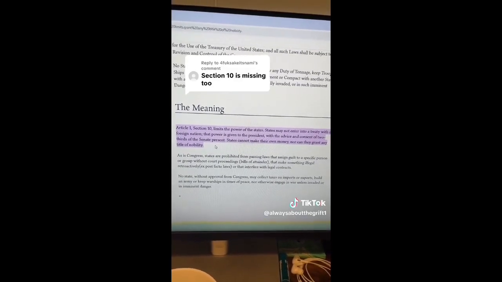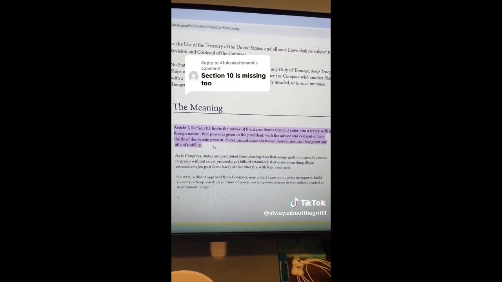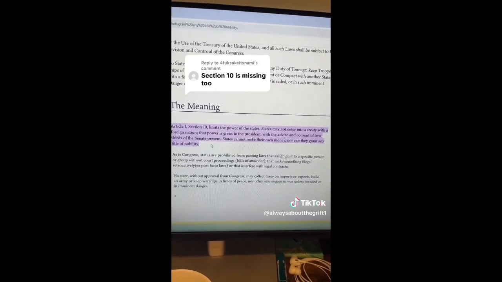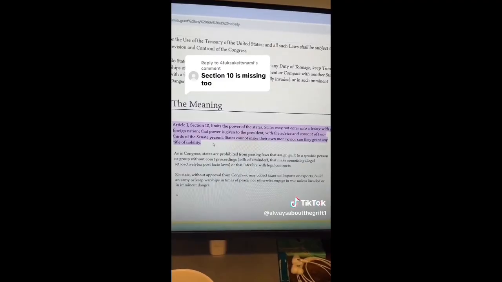So Donald Trump is, again, not removing this from the Constitution, but he is making it sort of hidden so people don't know it's there. And interestingly, this is a section that specifically limits the power of the states.